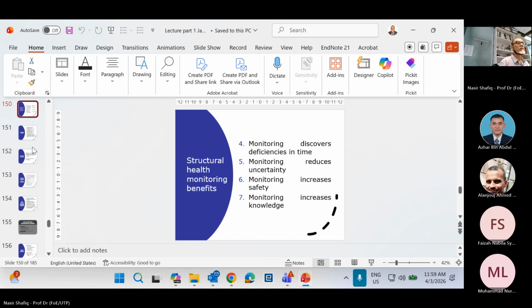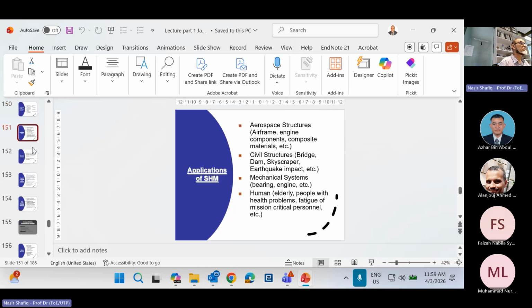So yes, slide 150, 151. Next week we will continue, right?